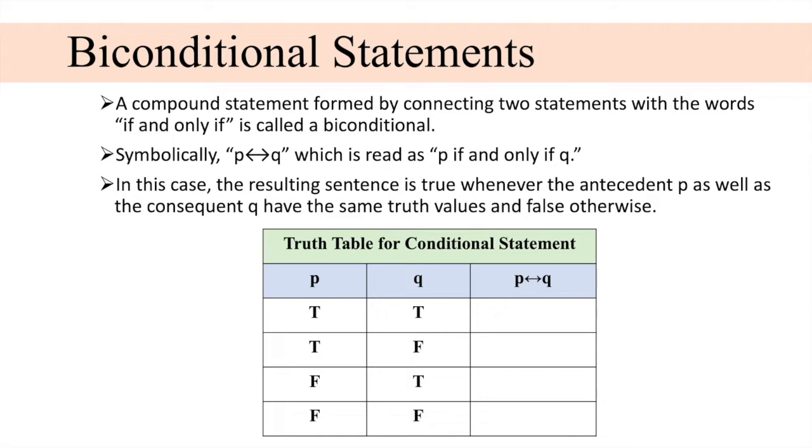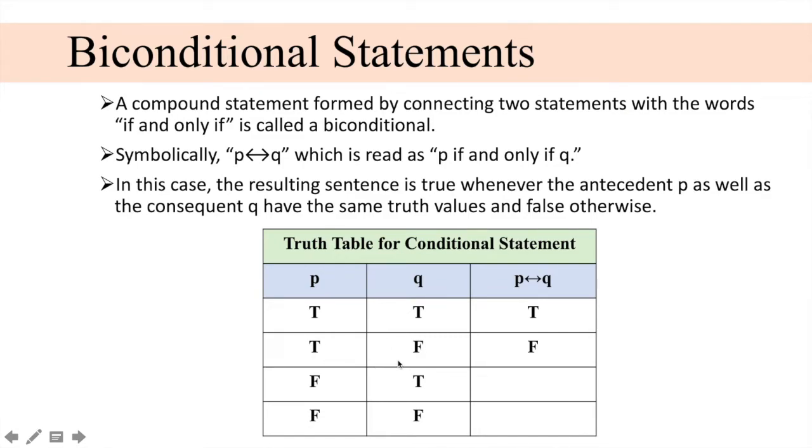In the first row, the antecedent is true and the consequent is true, so the resulting sentence is true. Second, if the antecedent is true and the consequent is false, the resulting sentence is false, because they do not have the same truth values.